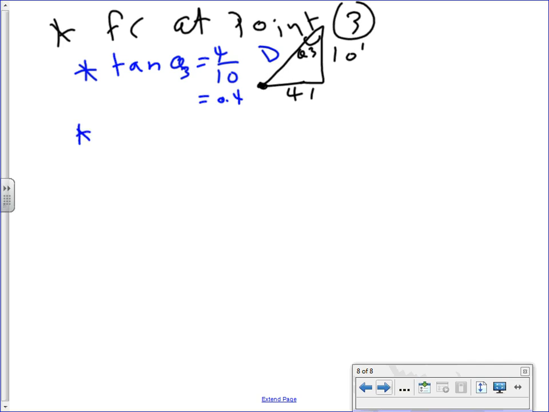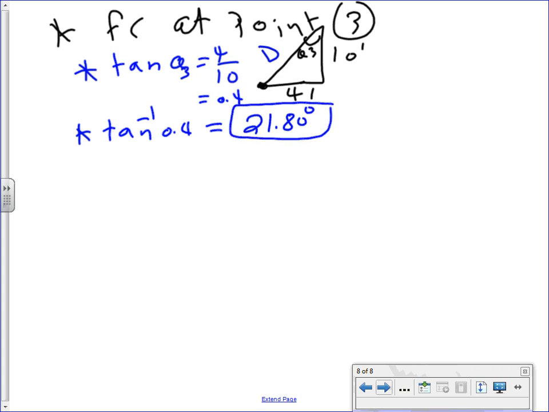Adam, can you give me what the tan inverse of 0.4 equals? 21.80, right? Anybody confirm? Okay, good. This is the degree of that angle.